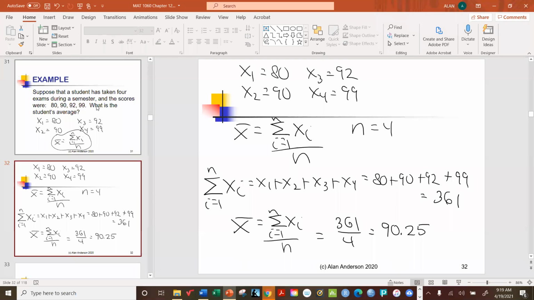All right, now I mentioned earlier that we will need a separate formula for calculating a population's mean. The formula works the same way, but the notation is slightly different. So I'm going to show it to you on the next slide. We don't need to do a separate example because it's the exact same procedure, but we do need to know what it looks like.